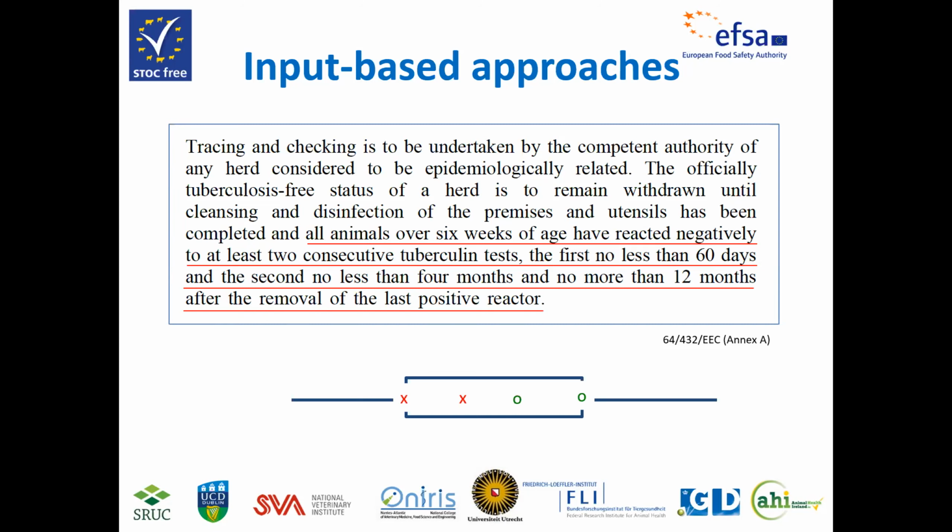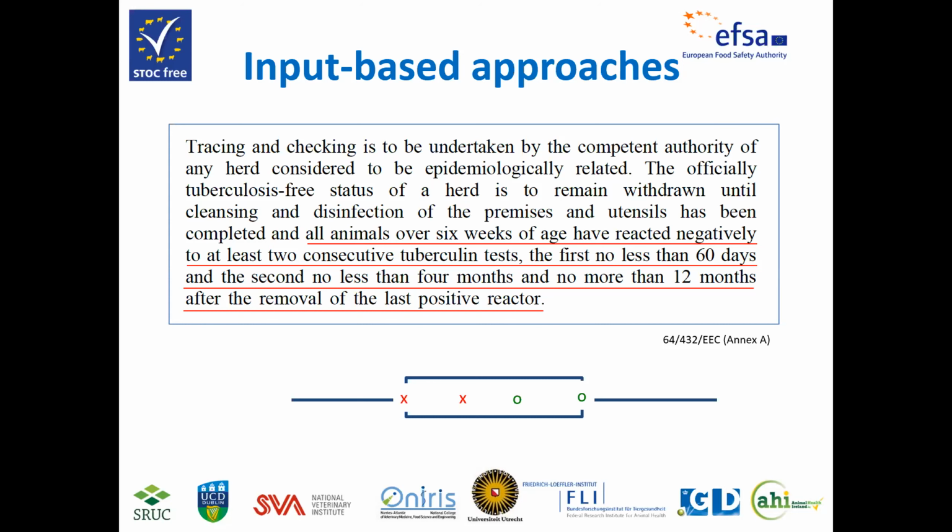And the legislation essentially says that to return to trade, you need 2 clear tests, 2 tests without any positives, at least 60 days apart for each. And this is an example of an input-based approach, highly prescriptive with a focus on what needs to be done.